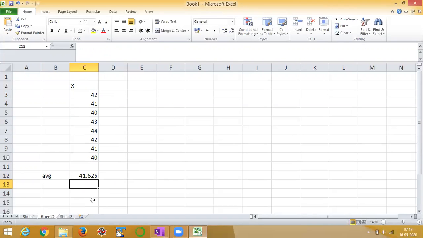Now if you ask him again, is it exactly 41.625 every day? Definitely he will say no, not exactly 41.625, but there will always be a slight deviation. This is where we use the word deviation: not exactly 41.6, there will always be some slight deviation.